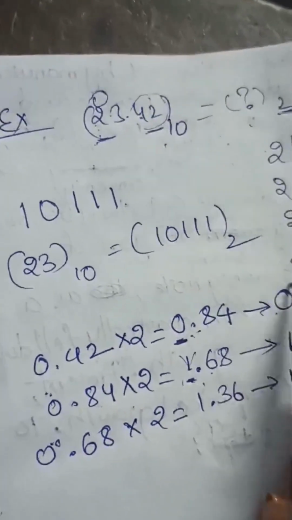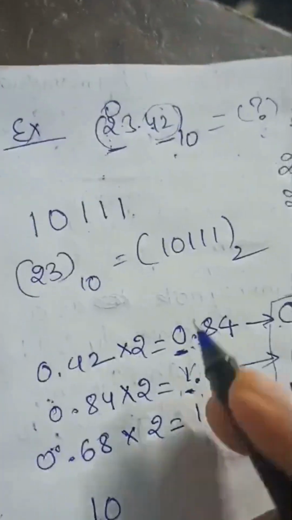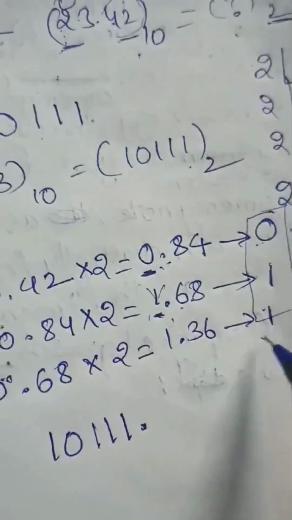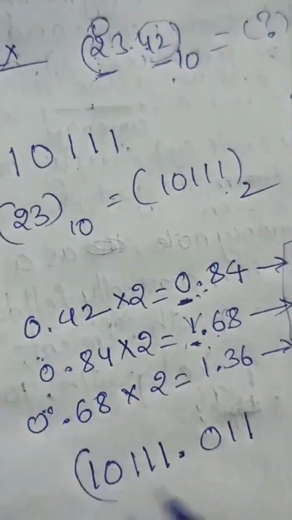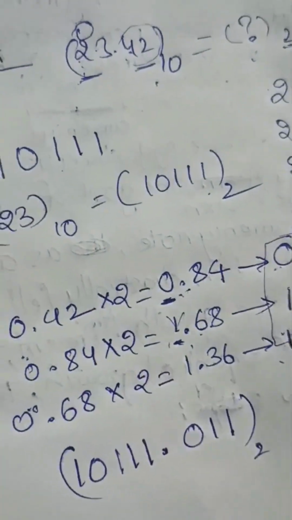We will take up to 3 values, so we will write 10.011. This is how we convert decimal into binary form.